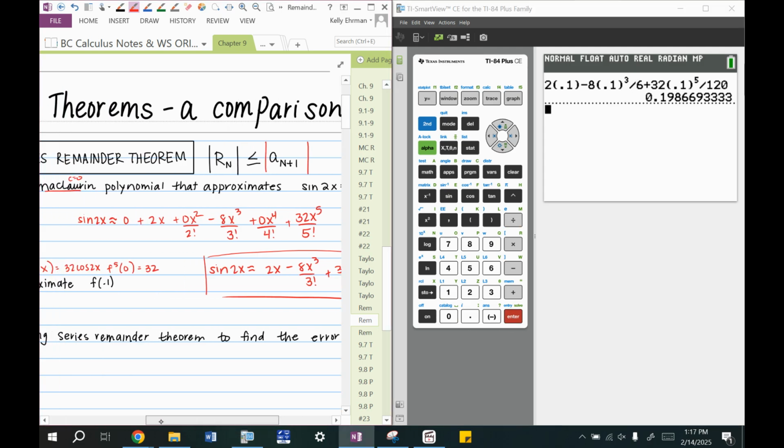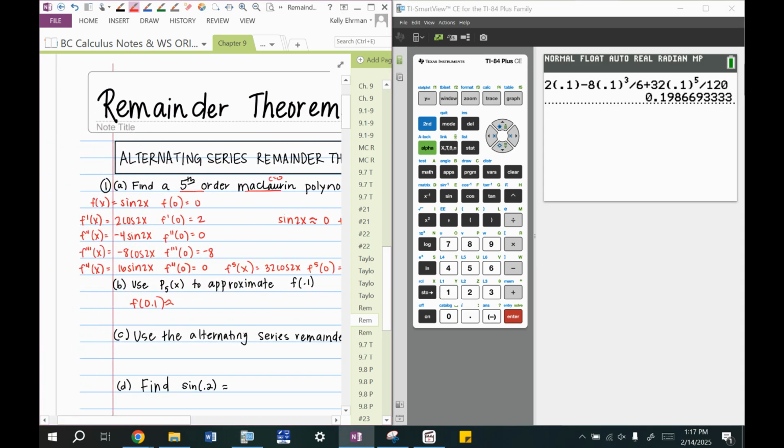I'm going to write down this whole decimal. I don't really want to round it because I want to see how accurate it is. 0.198669, 3 repeating.